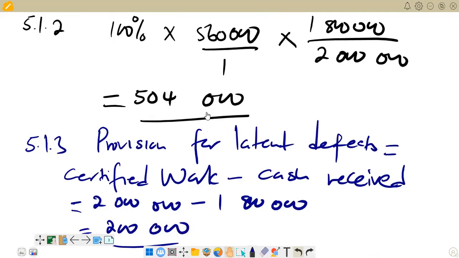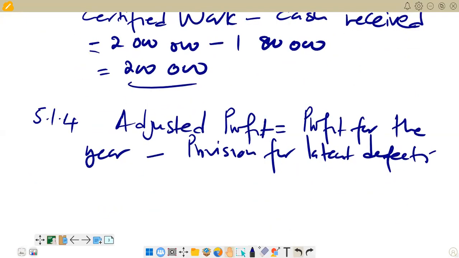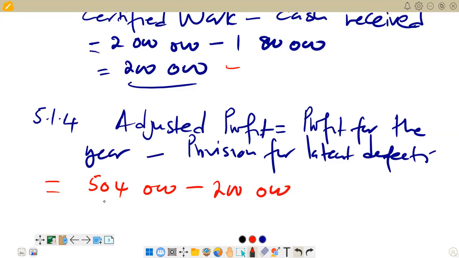And then provision for latent defects, we have 200,000 here. So we're just going to substitute that one. Our profit for the year is 504,000. Then we subtract provision for latent defects, which is 200,000. Then when we subtract, we are going to get 304,000. So that's what we have in 5.1.4.